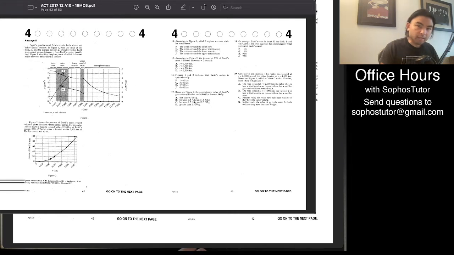Now, at first glance, it might seem like you would need to know some very obscure science to do well on this test. This particular passage is about Earth's gravitational field.